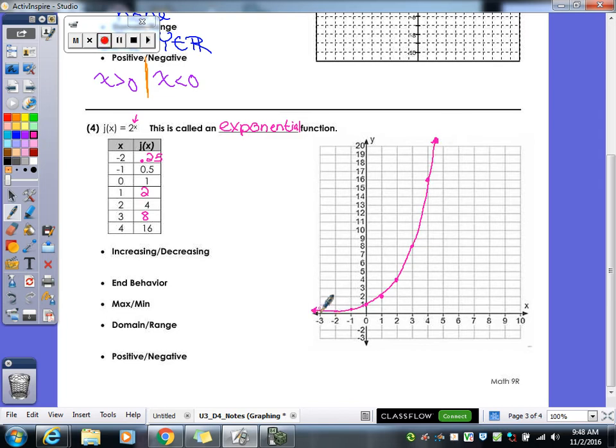So j of x equals 2 to the x, we label it. We're going to do a whole unit about exponential functions later on in the year. Yep, these little curvy lines.